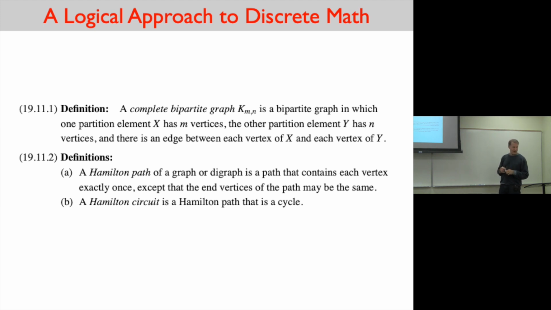And now what we're defining here in 19.11.1, the only difference is the word complete, right? And we have this notation K_{M,N}. So let's do some examples. K_{3,2}.